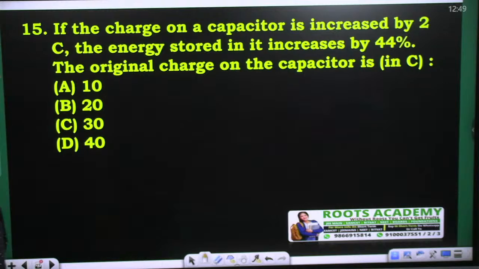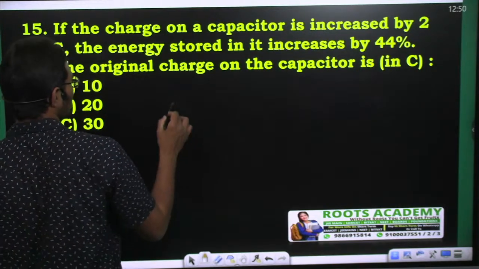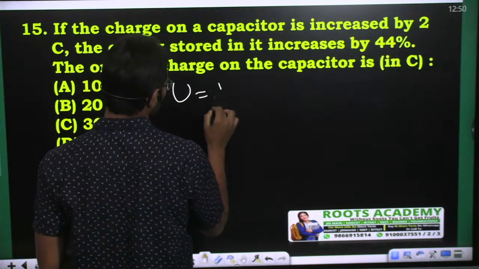15th: if the charge on the capacitor is increased by 2 coulombs, then the energy stored increases by 44%. The original charge on the capacitor is dash. The energy stored in a capacitor, U is equal to half C V square, right?